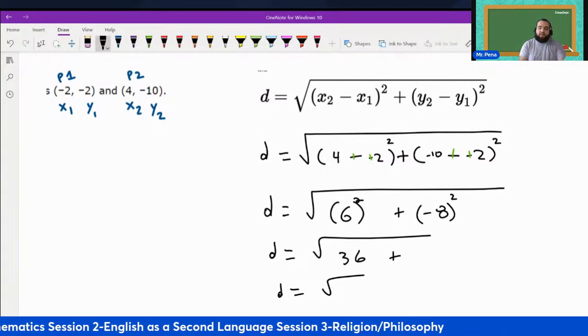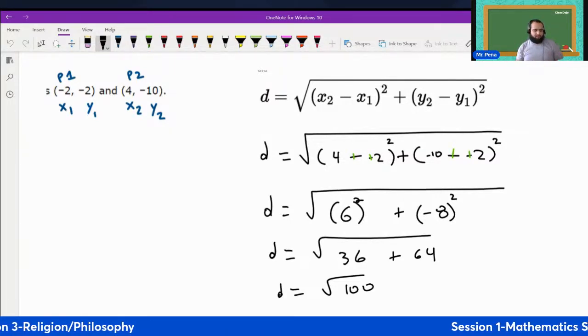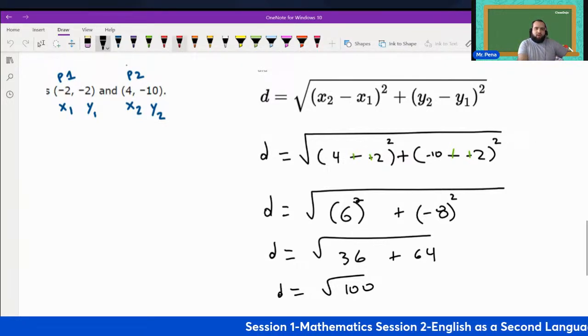Negative 8 times negative 8 is 64. 64 plus 36 gives us 100. Whew. I'm like, what's going on there? Okay, so we have the square root of 100.